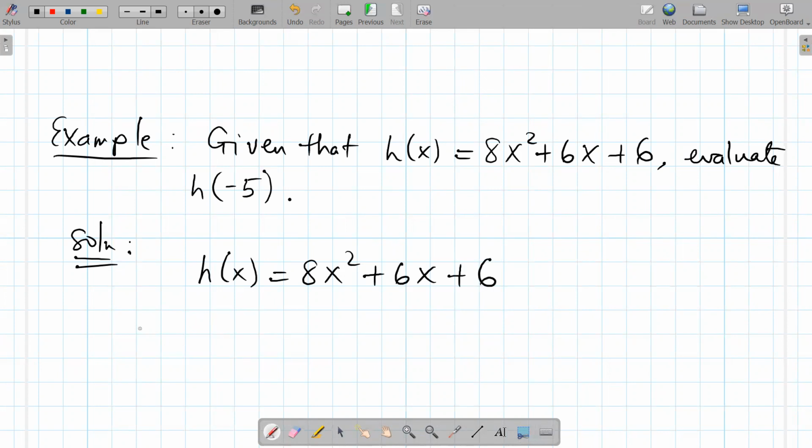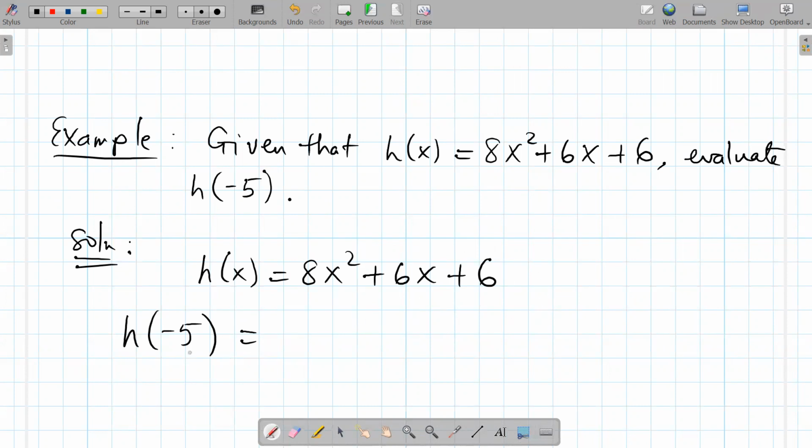The question says find h of -5. What that means is that the input x has been given to you and you are to find the output. Remember that the whole of this expression, 8x squared plus 6x plus 6, is representing the output.